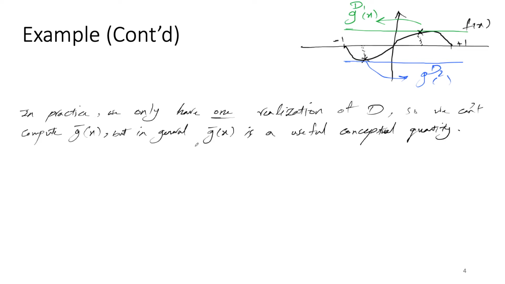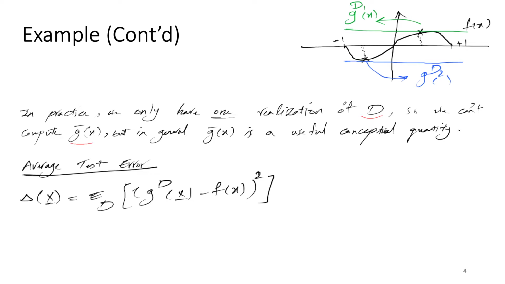In most of the cases, when we deal with test cases, like we have one D, g bar would be the same as your g, but in general, it is a useful conceptual quantity if you wanted to generalize to a more general form.